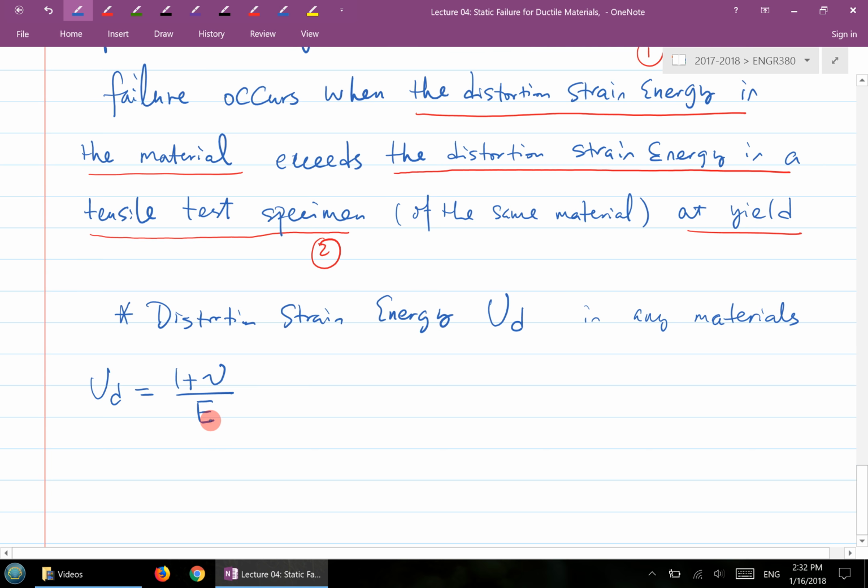So the distortion strain energy expression is this. This is our expression for distortion strain energy. It's (1 plus V) over E, where E is Young's modulus and V is Poisson's ratio.